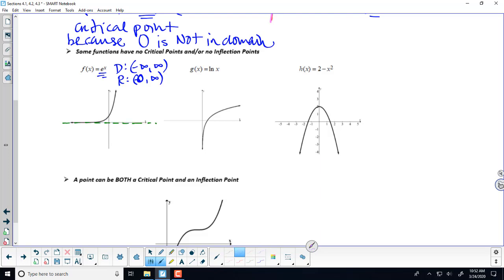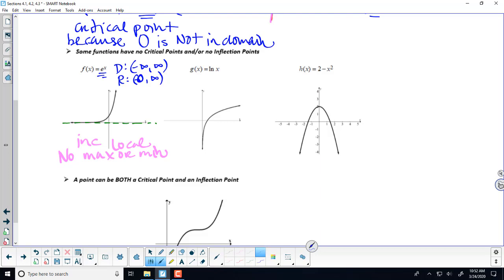But we can see that it is only increasing over its domain. So it has no local max or min, has no critical points.